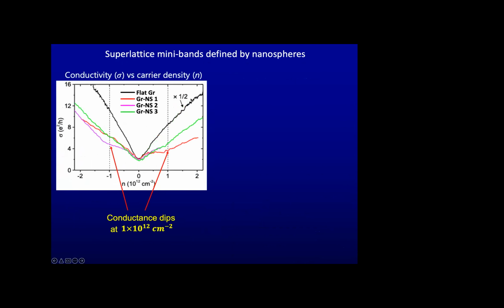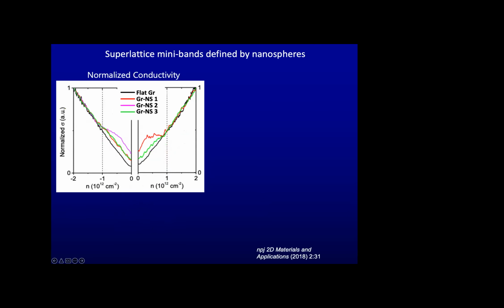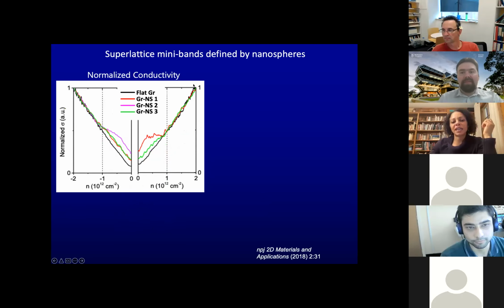What we did in this process is we said, let's assume that for the highest gate voltages they're all the same, so let's scale all of these nanosphere plots so that they're the same as the flat graphene for high gate voltages. We just scaled the values out here. Does that make sense? Then we saw that they tracked until you got to this point.